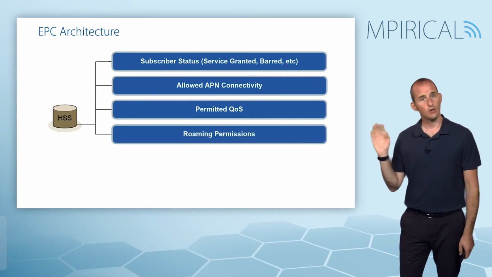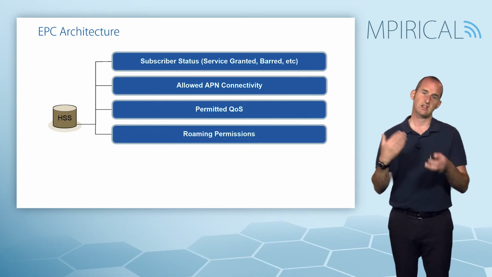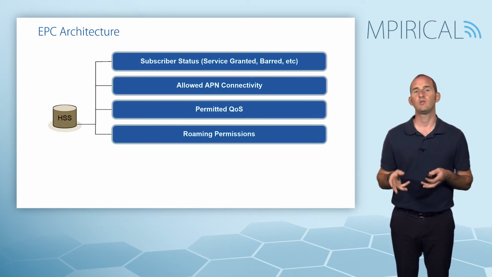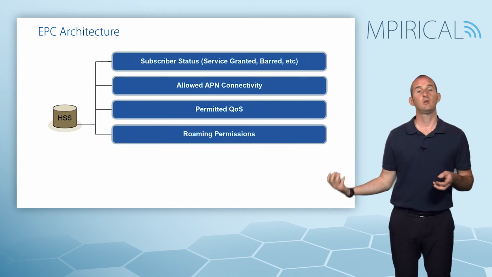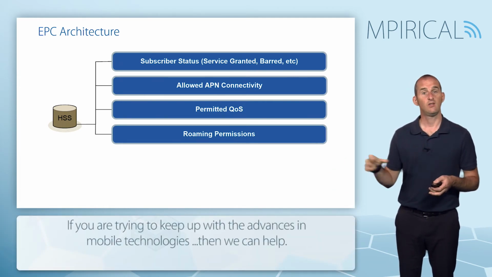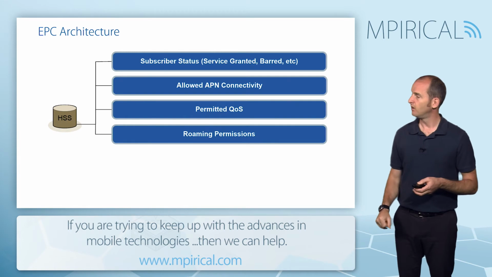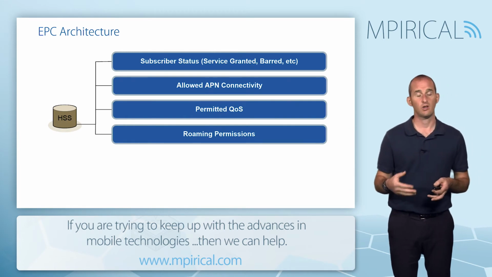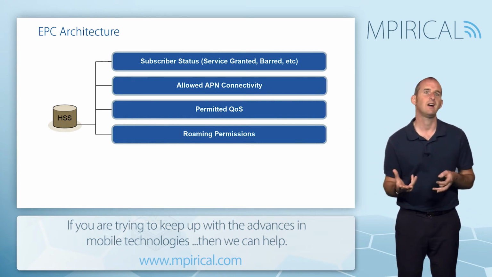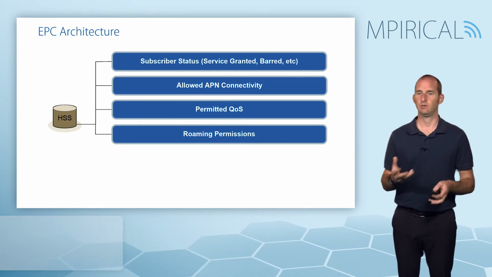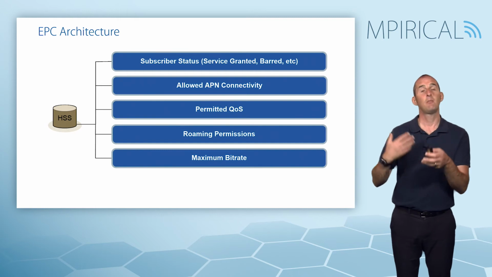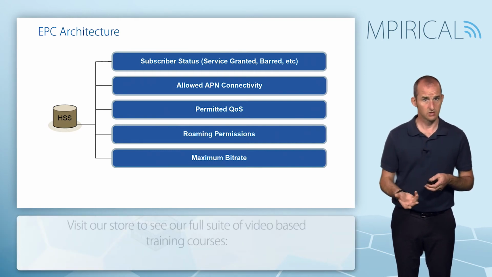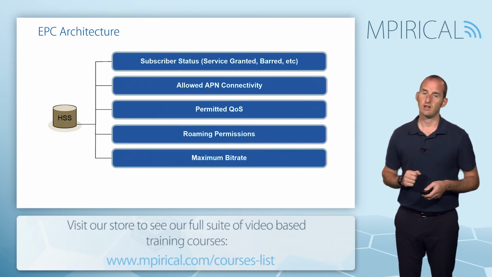Roaming permissions are also stored in the HSS, so the HSS is a key element involved with the roaming process. So it will determine if a request comes in from a visited network for a subscriber who is roaming, the HSS will determine whether or not they are actually allowed to roam and what kind of roaming is indeed allowed to take place. Maximum bitrate, which I suppose is partly associated with quality of service, is also stored at the HSS.